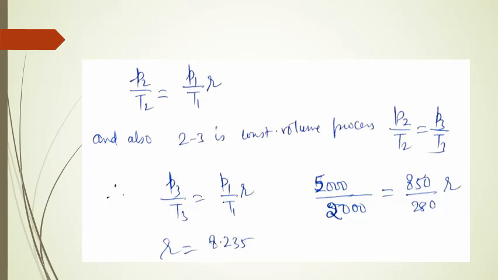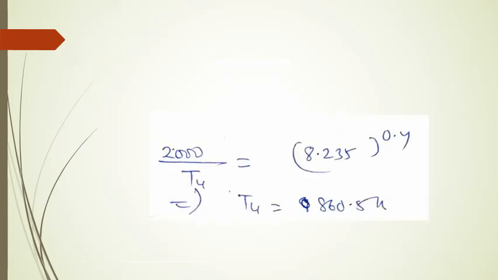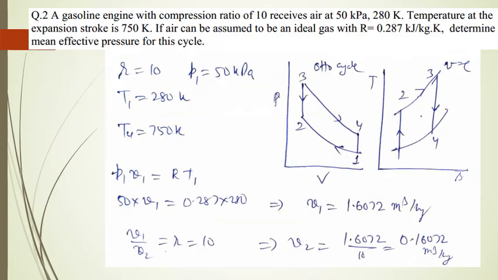So substituting these values, we get the final expression and the value of R as 8.235. Now we get the value of T4 as 860.5.